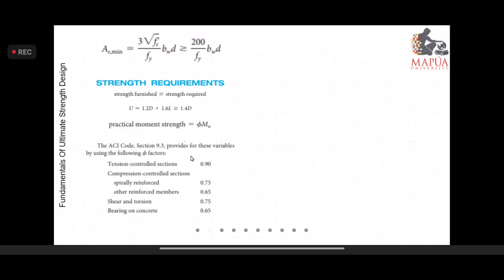So the ACI code, section 9.8, provides for this variable by using the following phi factors: for tension control, 0.9; 0.75 for compression control, spirally reinforced section, other reinforced members would be 0.65. And shear and torsion would be 0.75, bearing on concrete.